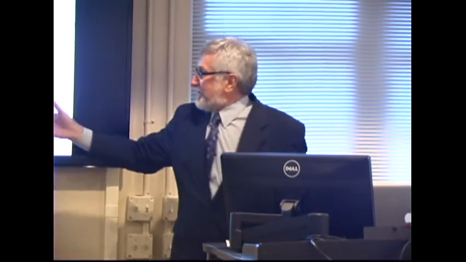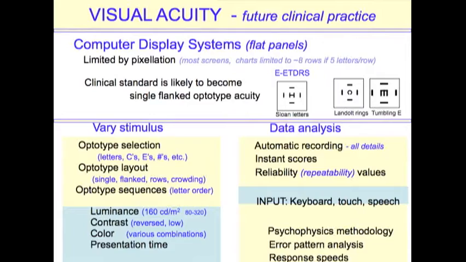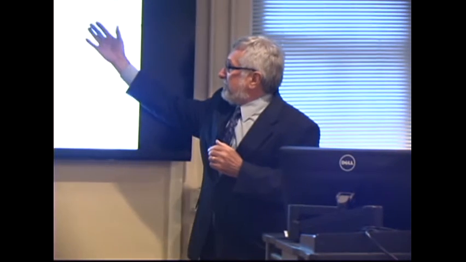You can't do that very easily, even on screens like this. I think the way visual acuity is going to go, they're going to be single letters with flanking bars around them, because that gets closer to the letter chart. I think that's the way things are headed, and there are already some companies out there doing that.